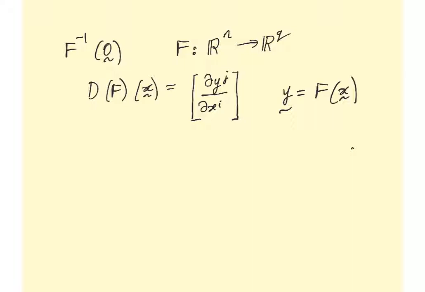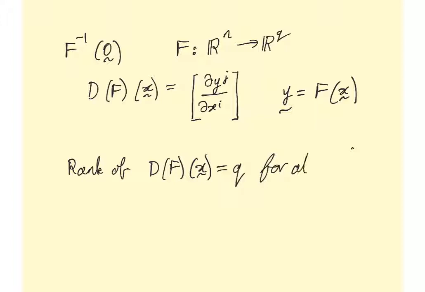So that's the derivative matrix, and the condition is that the rank of D must be maximal, must be equal to q for all points that are actually in the zero set. And if you've got that condition, then it's a theorem that the zero set is actually a good submanifold of Rn.